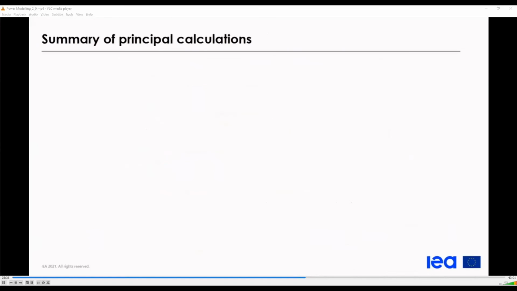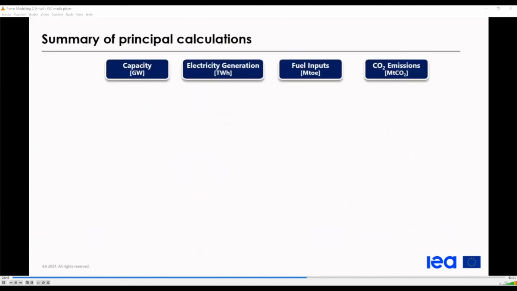So I would like now to summarize the main calculation that we've been through: installed capacity, electricity generation, fuel inputs, CO2 emissions, but also recall the relationships among these main elements.